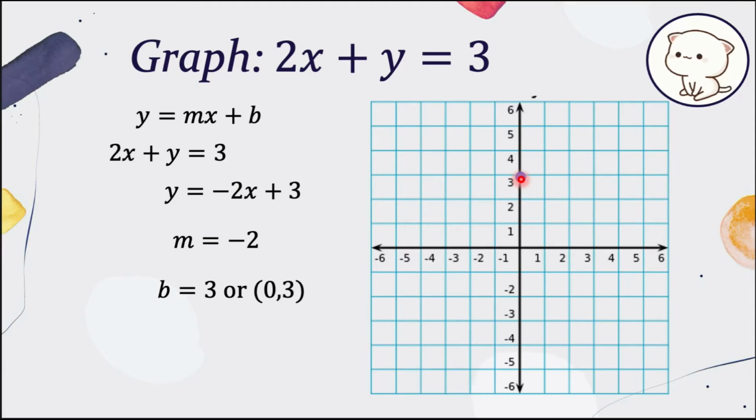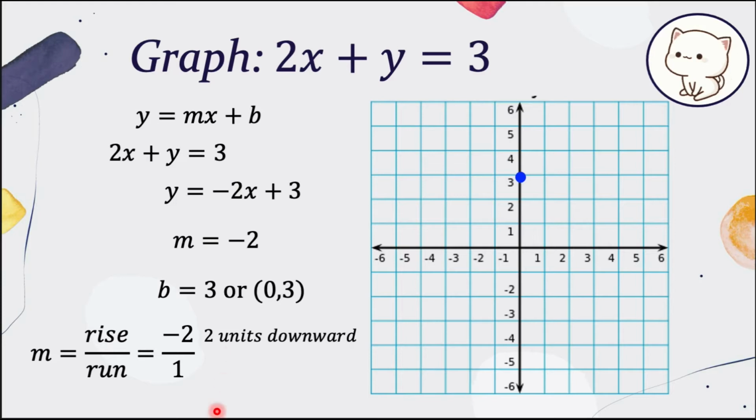The next one is to identify the other point. So what we are going to do to identify the other point is to use the slope, which is negative 2. So again, when you say slope, that is rise over run. So to easily graph this one, we have to put 1 as the denominator of negative 2. And we all know that negative 2 means 2 units downward, and 1 means 1 unit to the right.